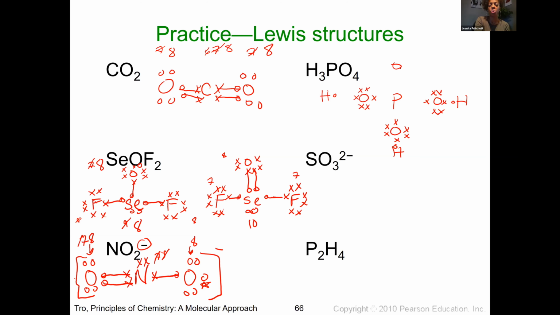You all are welcome to do dots, hearts, whatever you so desire, as long as you can count them, or whatever your teacher says. All right, and then phosphorus is going to get 5, okay?